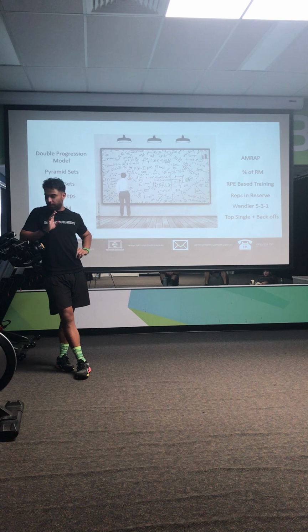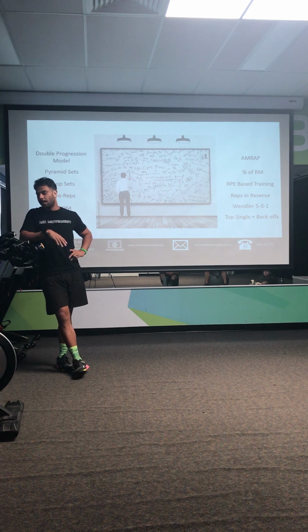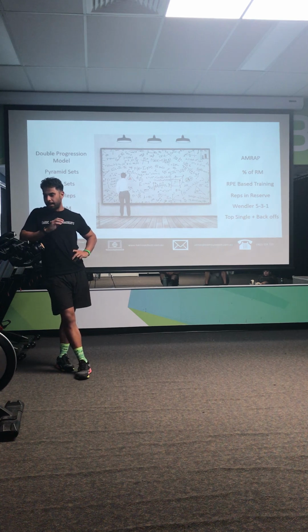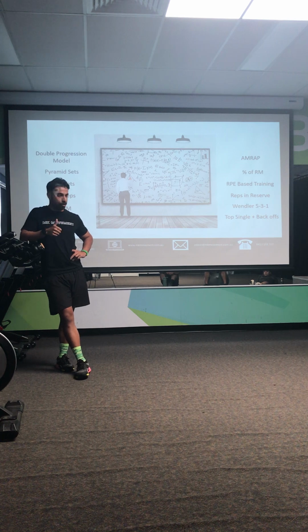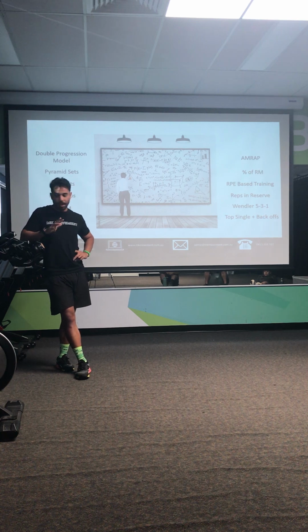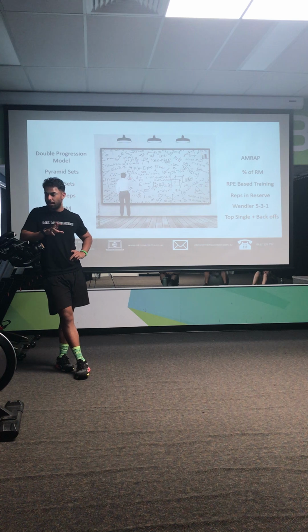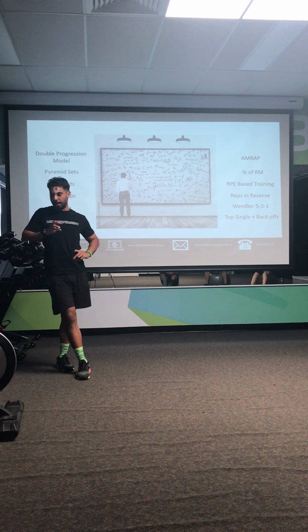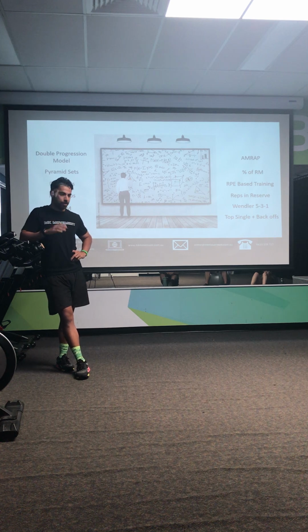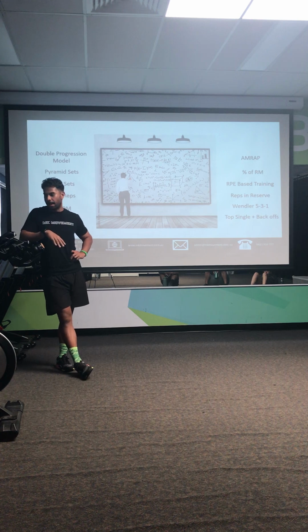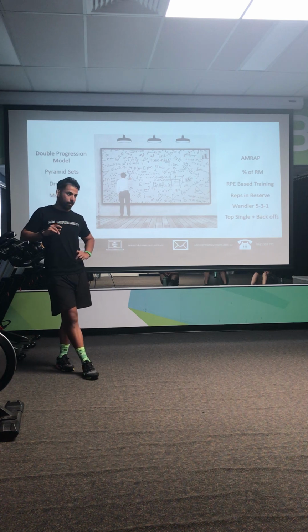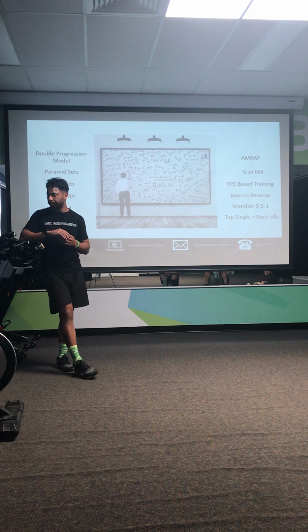There's thousands of programming methods that you can use with your clients, but today I'm going to take you through the double progression model, percentage of 1RM, RPE based training, and reps in reserve. They're the ones I've probably used the most in my time coaching. I've done a little bit using cluster sets and EMOMs. Pyramids and drop sets are more for trying to get in some extra volume, but I have previously used those in the past. So that's what we're going to go through today.